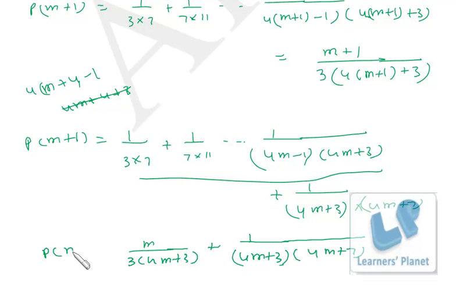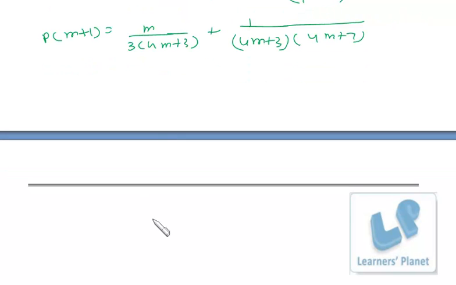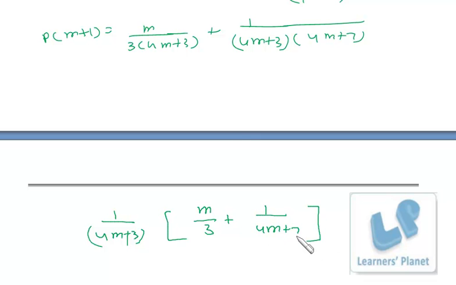That is Pm plus 1. Now once again we take LCM, so 1 upon (4m plus 3) can be taken as common, then it is m by 3 plus 1 upon (4m plus 7).